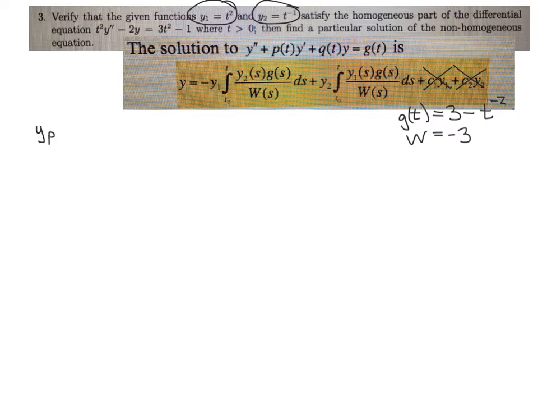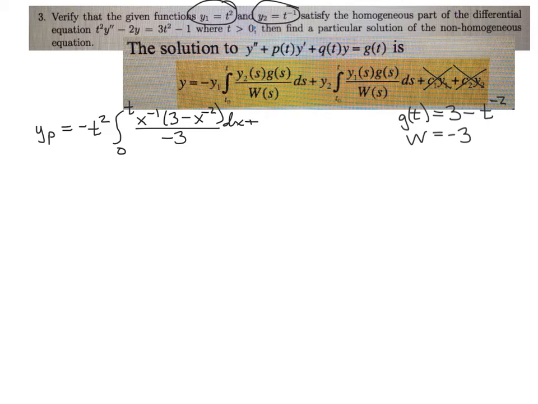So the particular part of the solution is going to be negative our y1 times the integral from 0 to t of our y2. I'm going to transfer over to x's because that's my favorite variable instead of s's. So x to the negative 1 times g, so that's 3 minus x to the negative 2, all over negative 3.